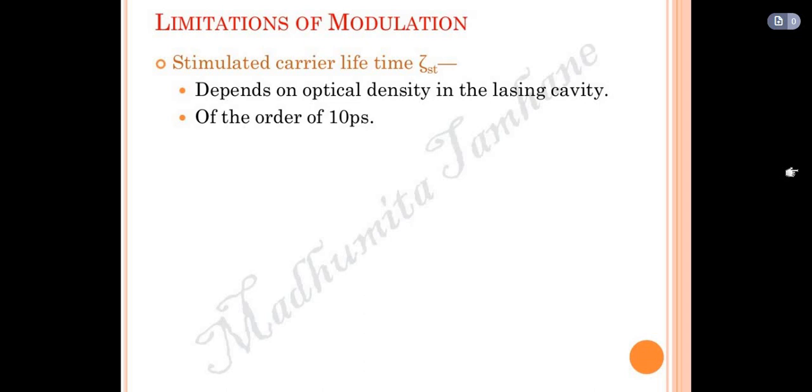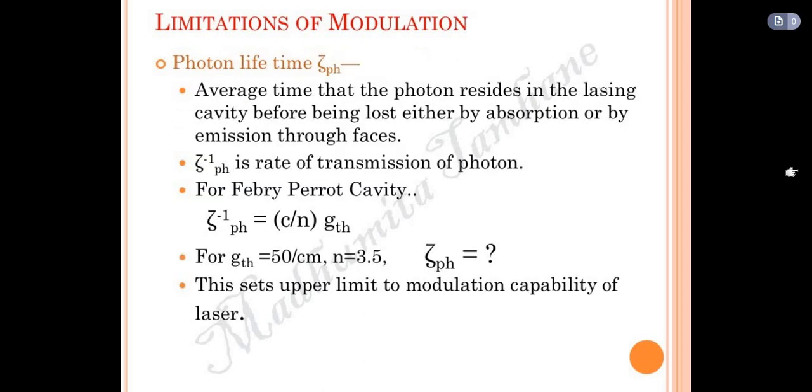That should be as small as possible in order to get more concentration. What is the order? It should be 10 picoseconds. Pico means 10 power minus 12, micro means 10 power minus 6. Clear? So that is also one of the limitations for the modulation.